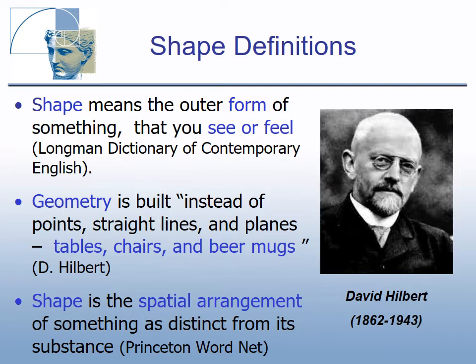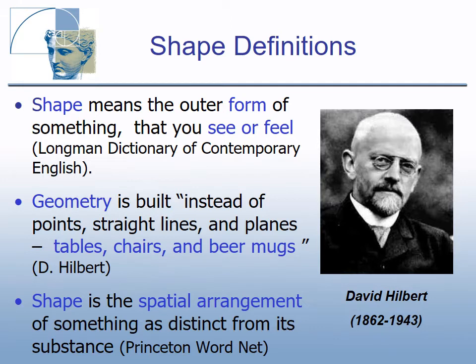German mathematician David Hilbert, summing up his abstract approach to both geometry and mathematics as a whole, said that one must be able to say at all times, instead of points, straight lines and planes, tables, chairs and beer mugs. He turns us back to the original understanding of geometry as a science of measuring land.